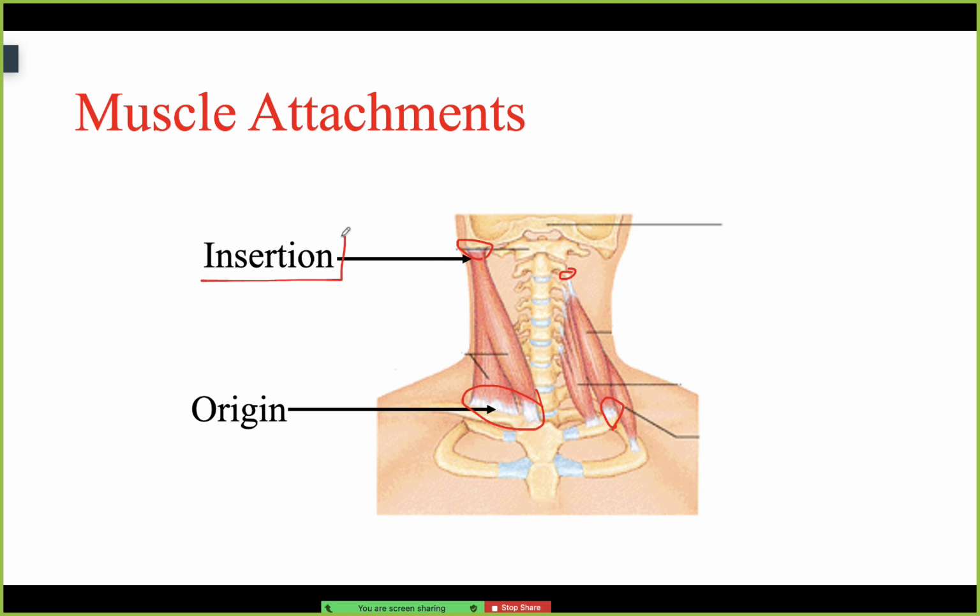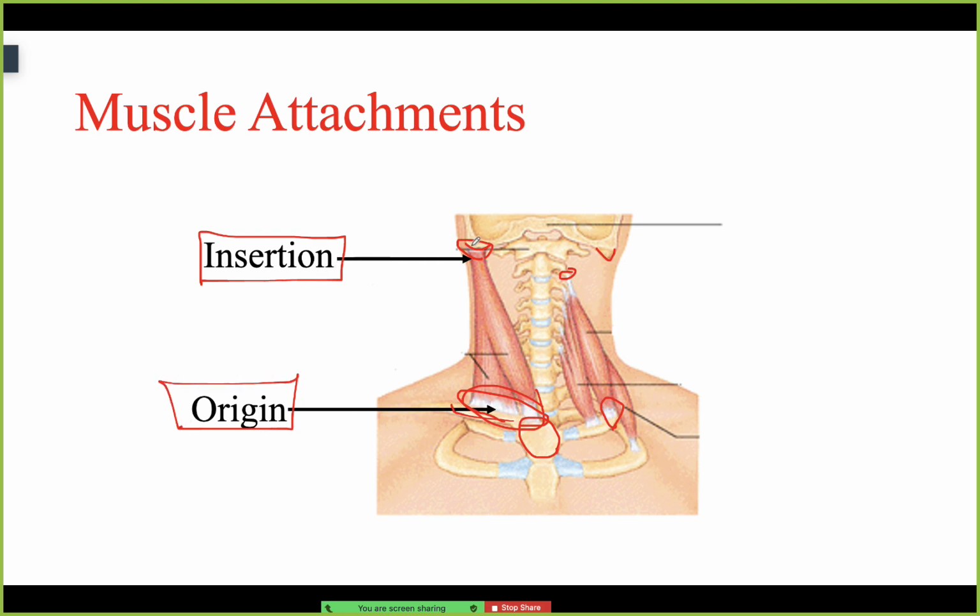This is the insertion. And if you can tell, since we've talked about bones already, it's inserting right over here. See that? That is the mastoid process of the skull. The origin of this muscle is attaching to the clavicle and the manubrium here. So like we said, the origin is the immovable region. So these bones don't move.